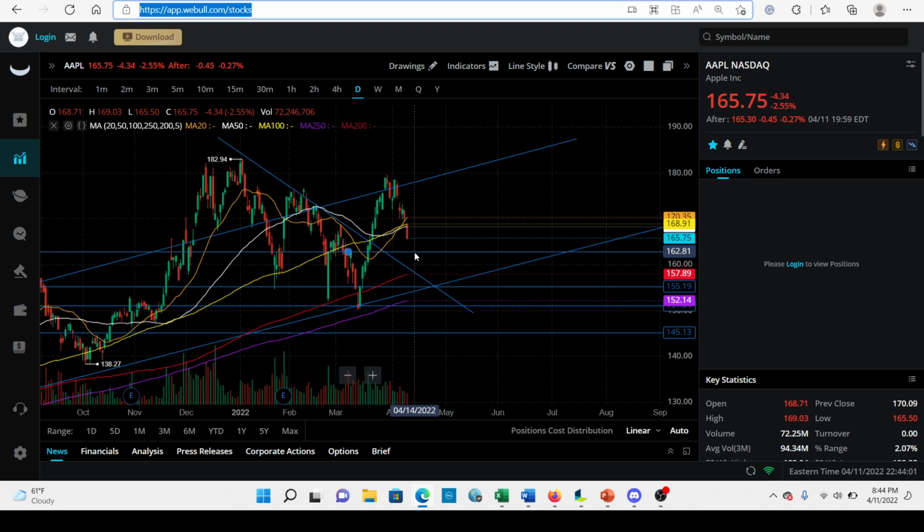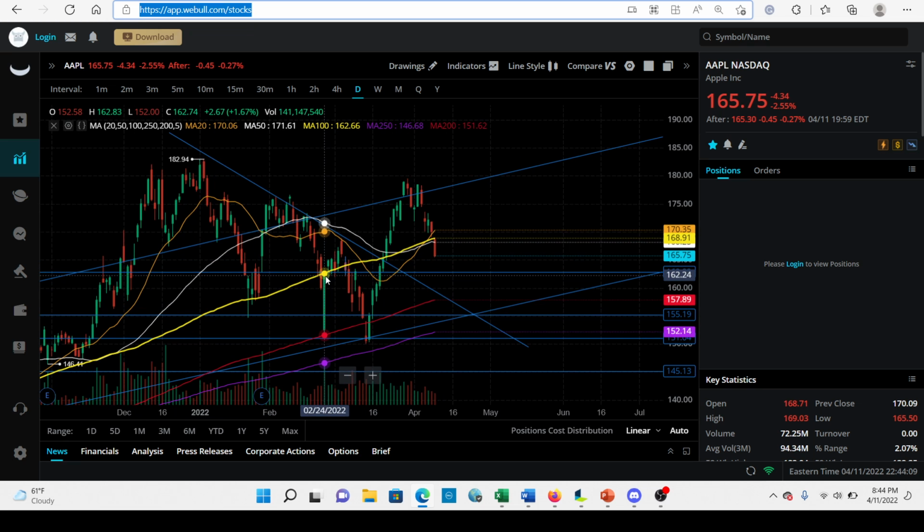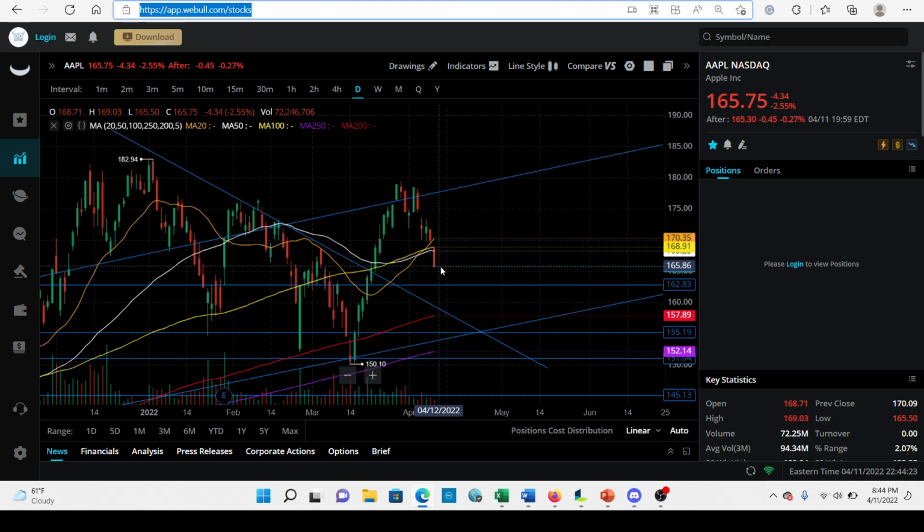And I think that's going to happen when Apple hits 162.81 right here. And why is this significant? Well, look right here. This is the top of that massive green bar right here. So Apple's going to find some support in this area, in my opinion, right around, well, I guess that's 163. So yeah, right around 163.